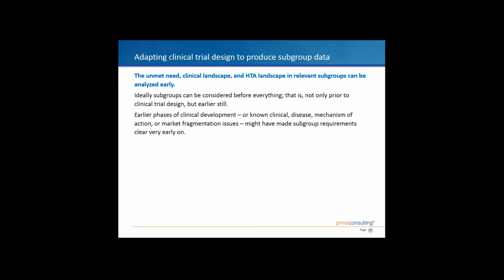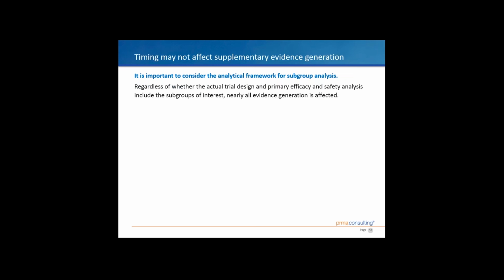They ask for systematic review and similar requirements that need to reflect subgroups before the fact, not after the fact. And it's an important opportunity for manufacturers to pick up on this before anything else, so that everything else can reflect the overall strategy.